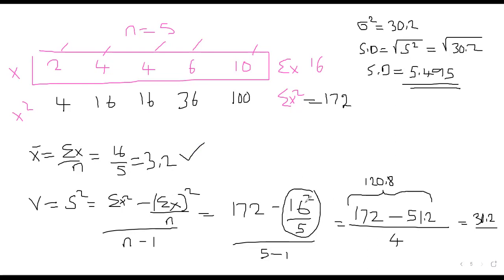So you can just do 16 times 16 divided by 5, which should give you 51.2. Then subtract 172 minus 51.2. You get 120.8. Then 120.8 divided by 4, which is coming from 5 minus 1, we get 30.2.